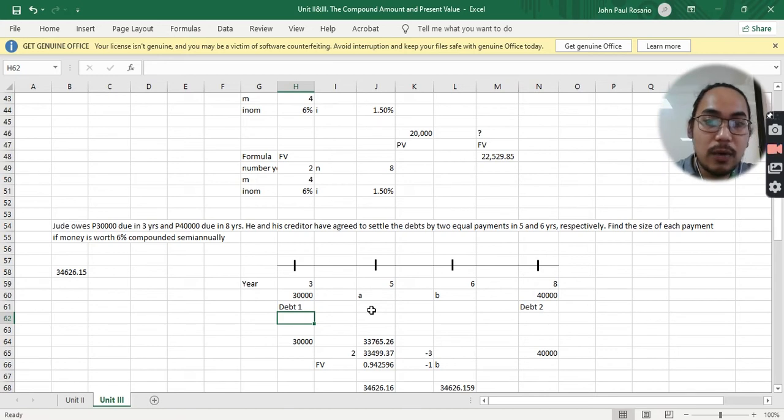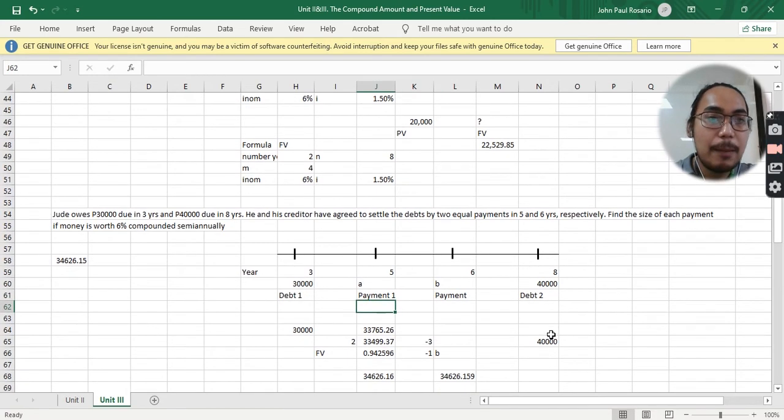What we don't know now is how much the first and the second payments should be, when the payments are made at two different periods, which are totally different from the maturity dates of the original debts. So this is payment 1 and this is payment 2, because as indicated, payments for the debts will be made on years 5 and 6.